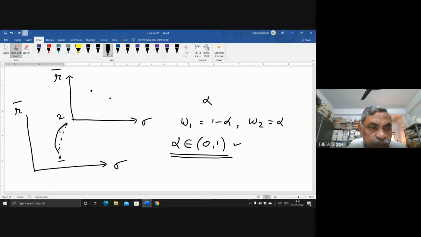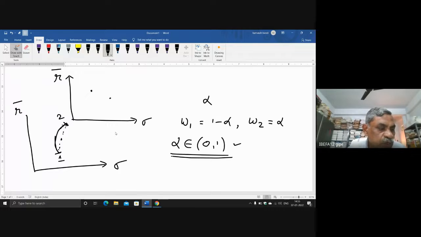Okay. This curve is between the points representing the original assets, that is between this point and this point. And the exact shape of this curve depends on the covariance between these two assets. Okay.